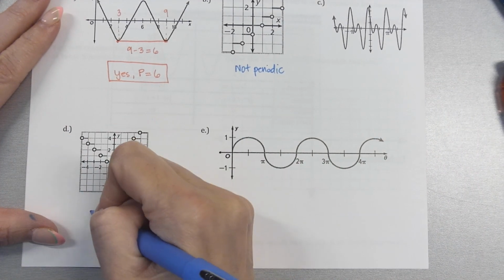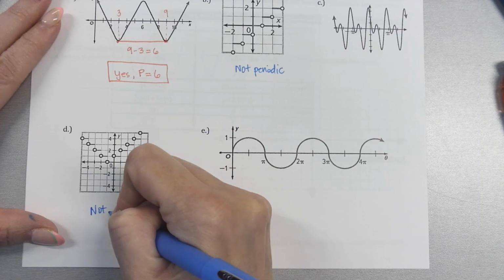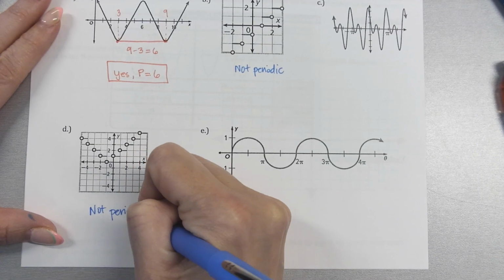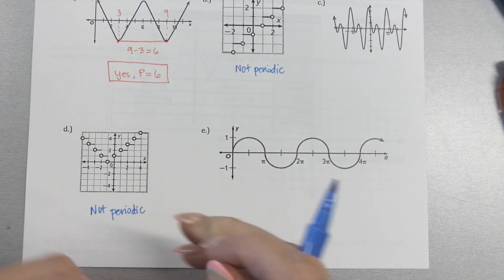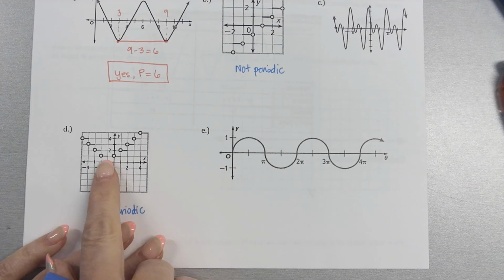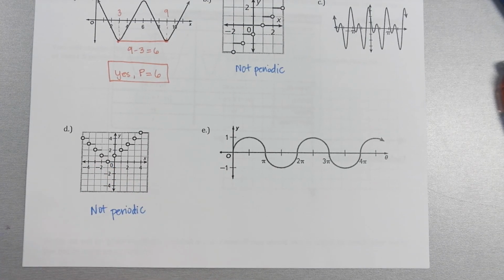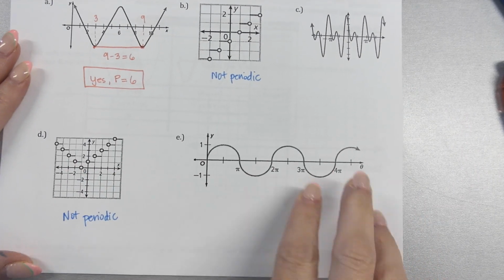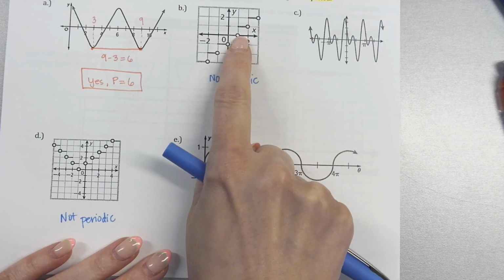So this one here. I guess maybe if we could see more of the pattern, but if it's periodic, they're not going to have open circles like these here.